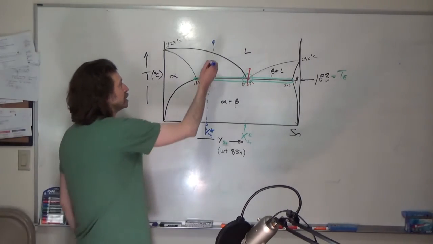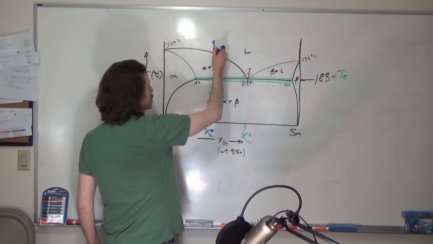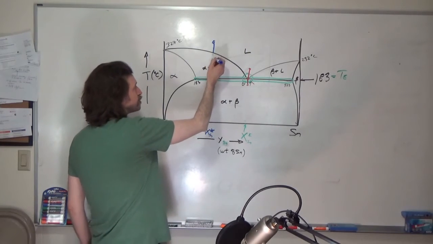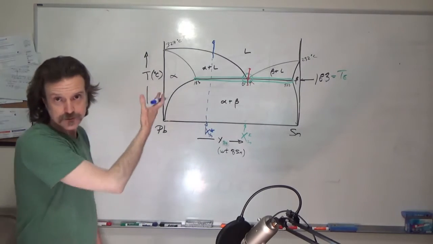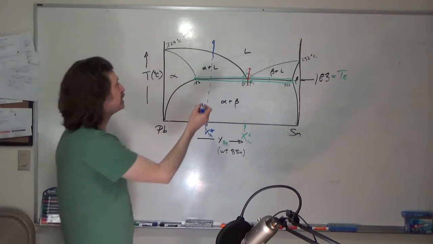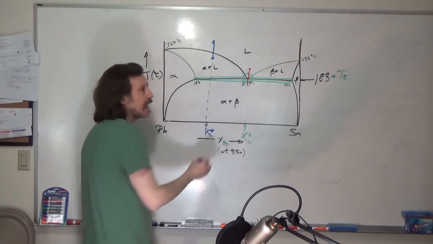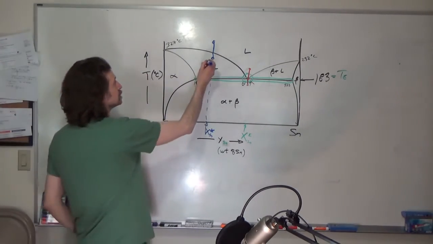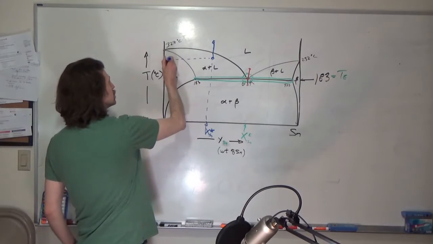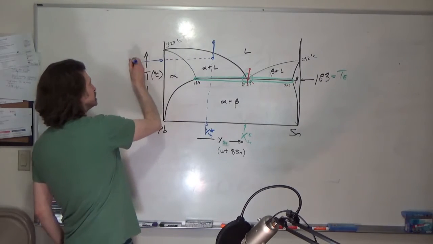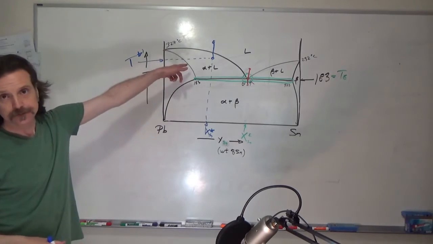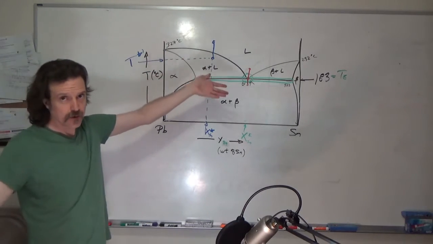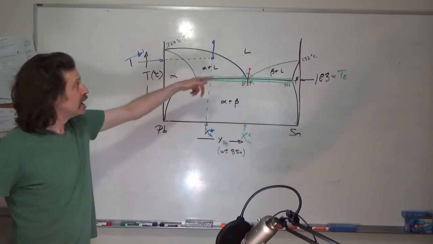If you cool down, you cross the liquidus, and you're now in a two-phase region. In this two-phase region, at any given temperature, call this whatever, T star 1, you can say, okay, what is the composition of the two phases?